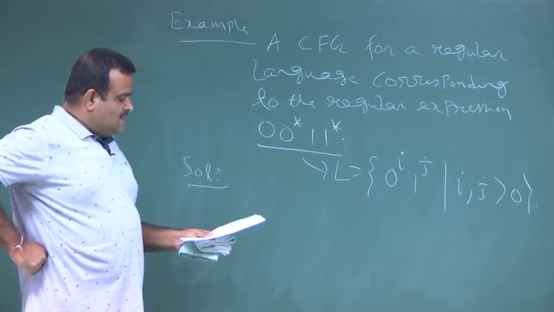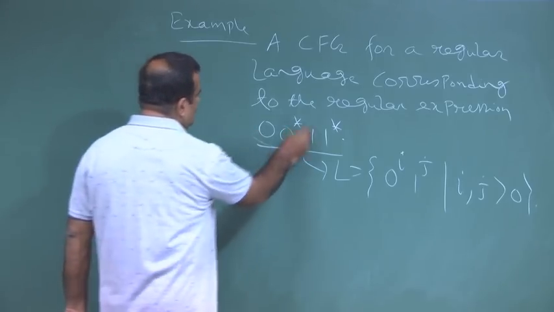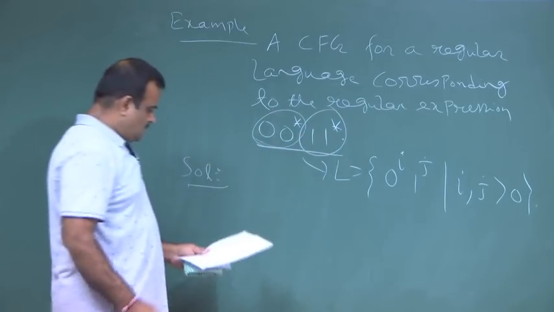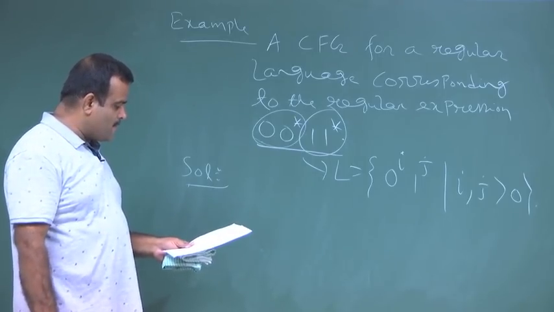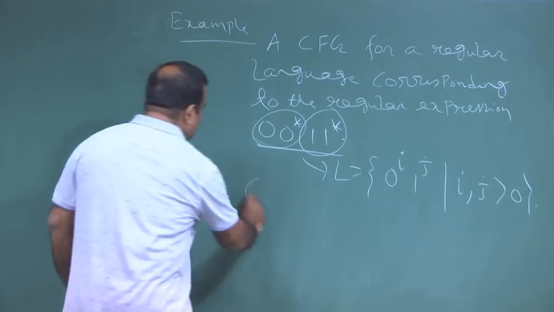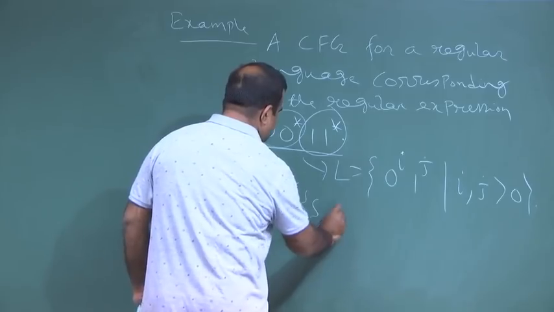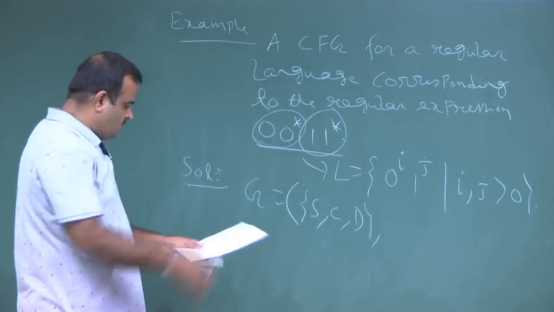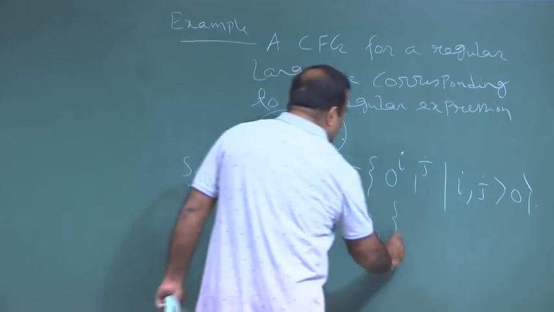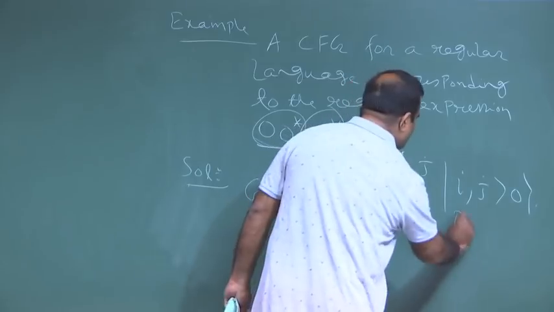The idea is the language is a concatenation of the two languages, one is this one, another one is this one. So, we will form the grammar like this. We will start from S, C and D will be used for the two different languages, and the terminals are the input alphabets.